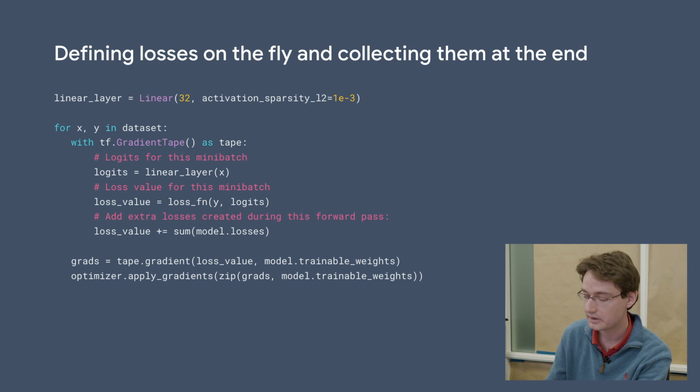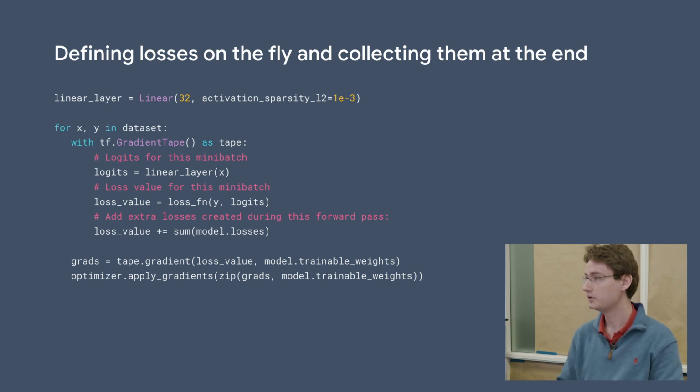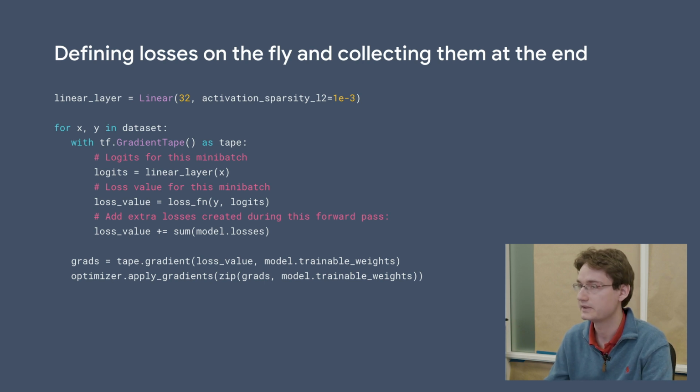If you want to do it manually, all layers and models have a reset_losses method, I believe it's called, that you can use to force clear all the losses. Which could happen, for instance, if you have multiple calls of the same model. I think potentially the GAN use case could be one.